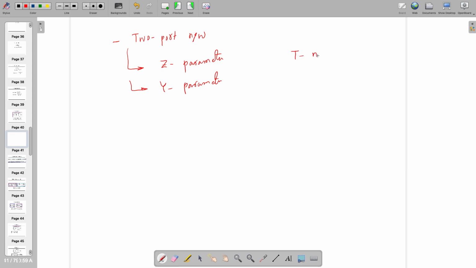One is called T network and one is called pi network. Is there anybody who hasn't seen T and pi network, or everybody knows? Okay, so what about this network? What should I call this one? Right? This is the pi network, right? So we studied these things.